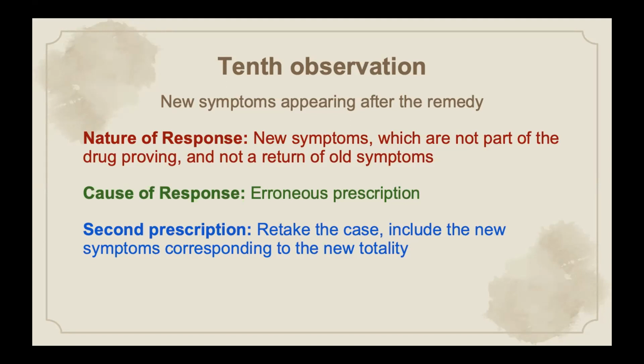Include these new symptoms, as well as all the other older symptoms they've had, and take all of that into account. Sometimes the new symptoms can be a really good guide to the second prescription if they are characteristic of the remedy. They'll likely cover the whole case. But the rule of thumb is always to study your case again. That is the best thing to do.